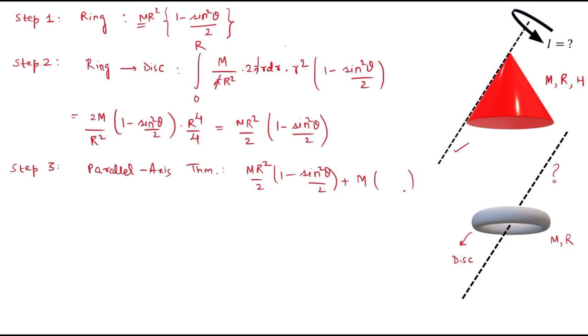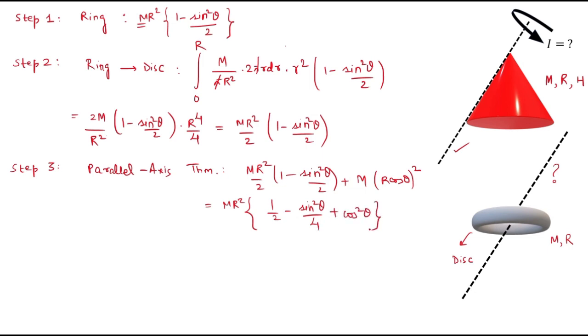Now here these two axes, which are of course parallel, will have a separation of r cos theta squared. So therefore this looks something like this. Plus cosine square theta.